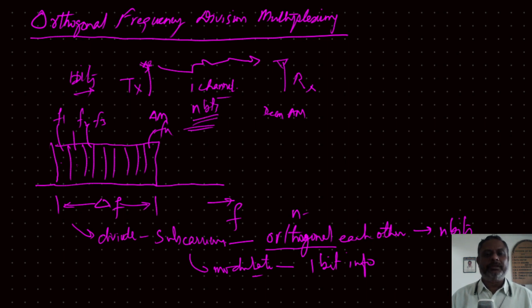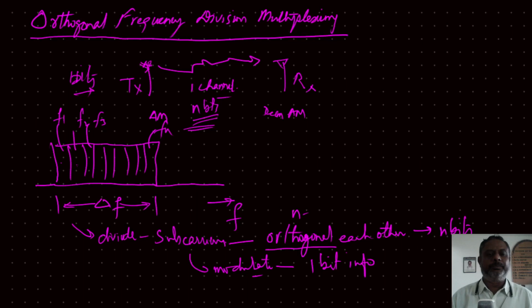On the receiving side, we require demodulators to accurately demodulate each one separately. So we need n separate demodulators, and they should be in a position to distinguish between the subcarriers.